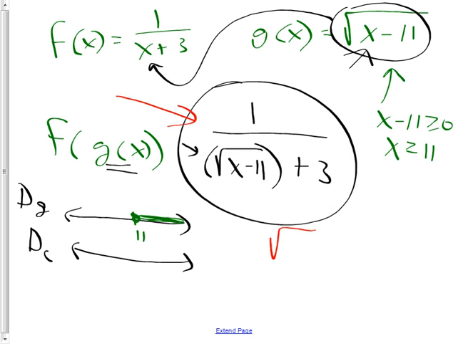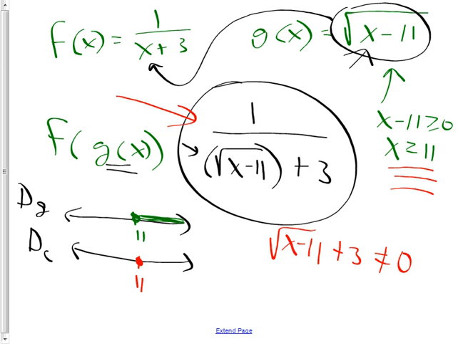This x minus 11 has to be greater than or equal to, you know what that's going to be? It's going to be the exact same thing. It's got the same exact restriction there. 11 is an important spot, but it seems like it works at 11. But here's the harder part: the whole denominator would not be equal to 0.